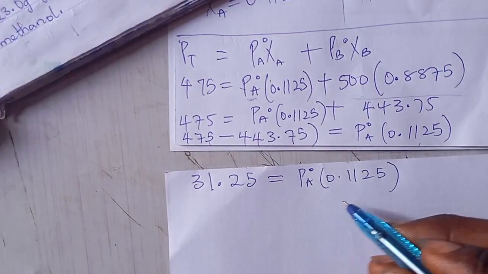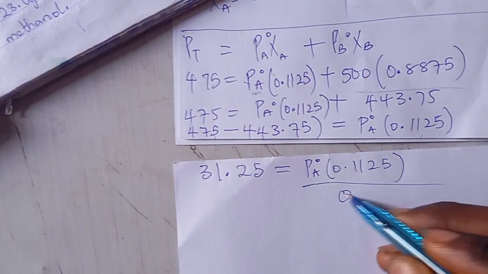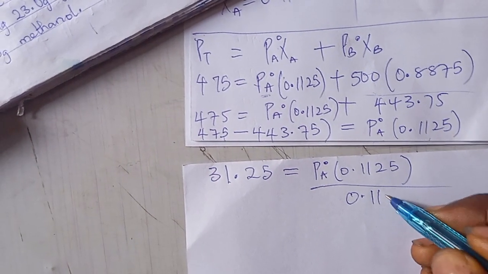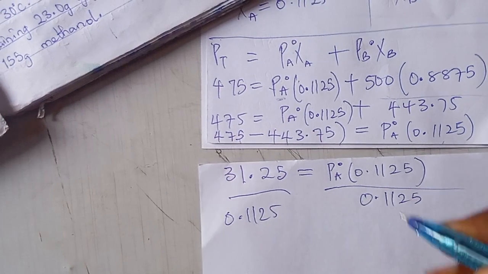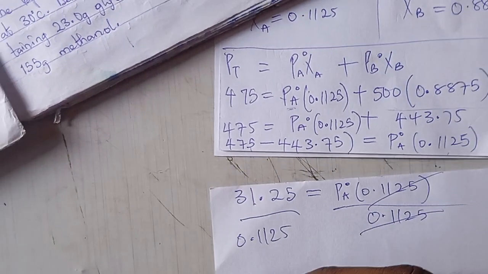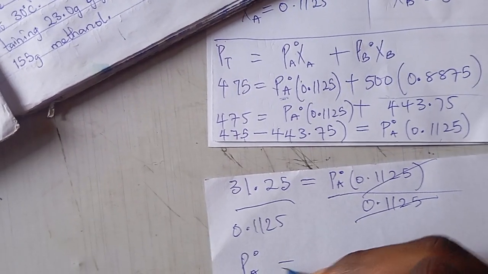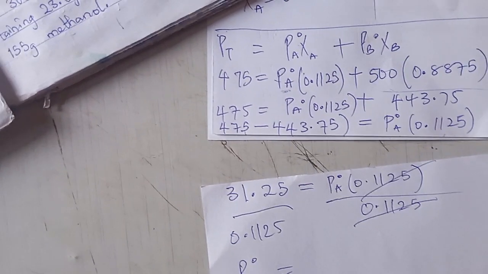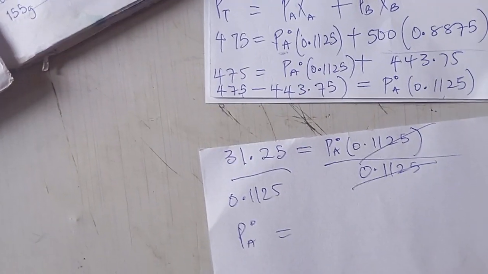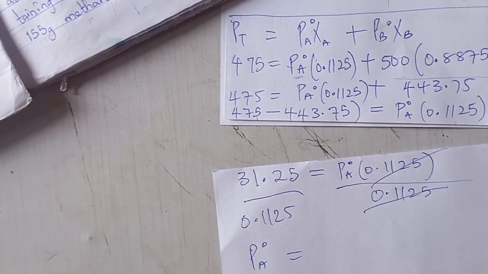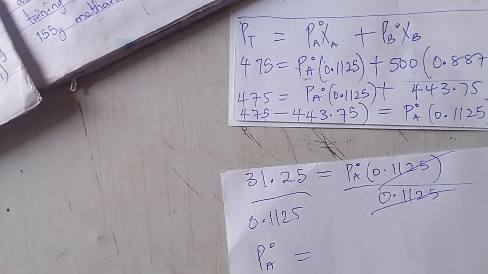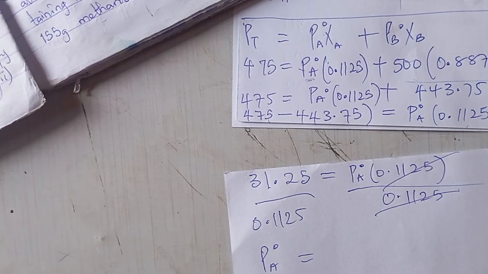At this junction, life is easy. You can divide both sides by the coefficient of PA naught, which is 0.1125, and this will take care of it. So PA naught will simply equal 31.25 divided by 0.1125.